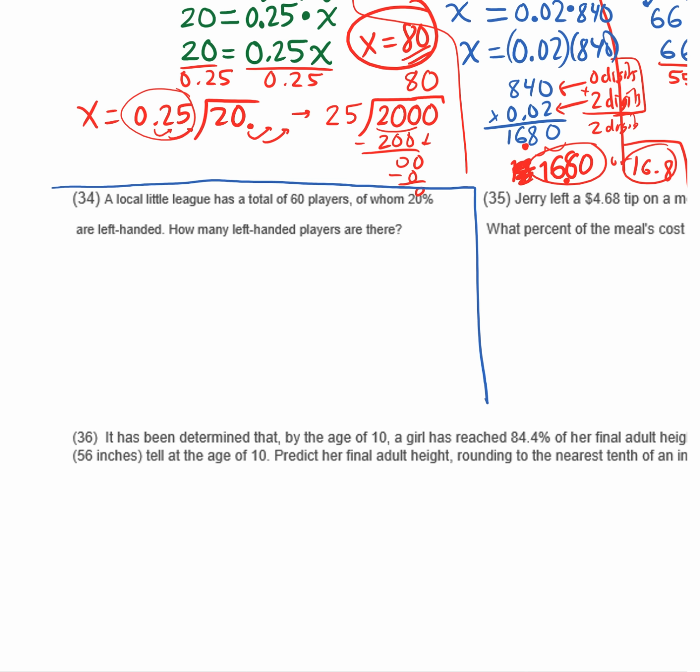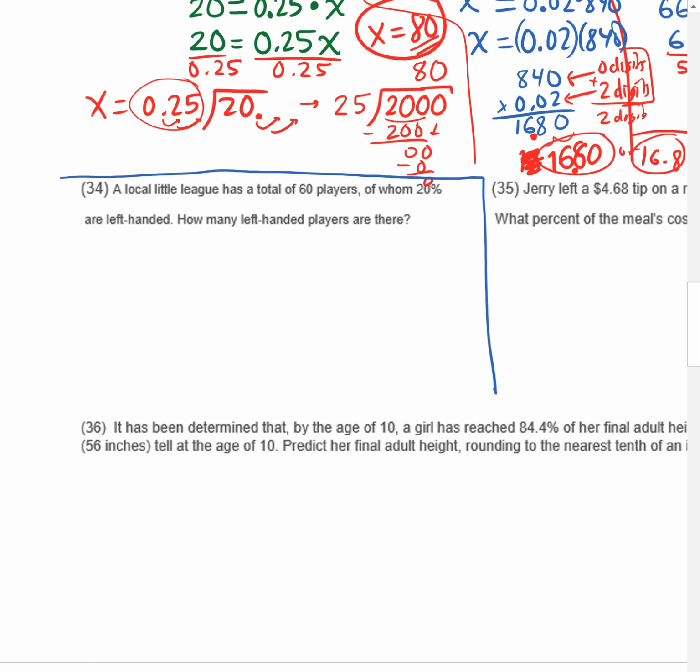So let's see, number 34 says, a local Little League has 60 players, of whom 20% are left-handed. How many left-handed players are there? So 60 is the total number of players, and 20% of those players are left-handed. So the question is, what is 20% of 60?